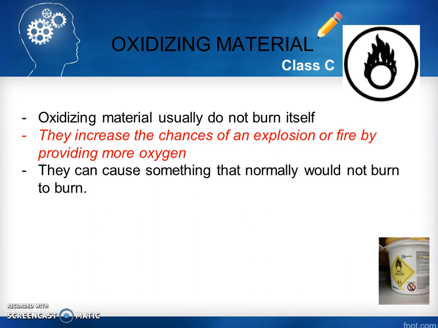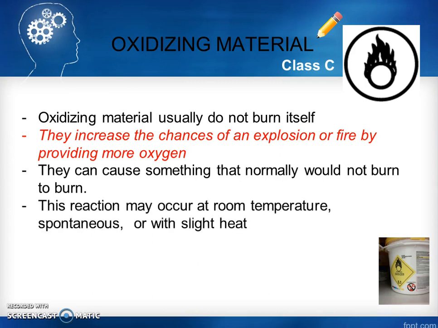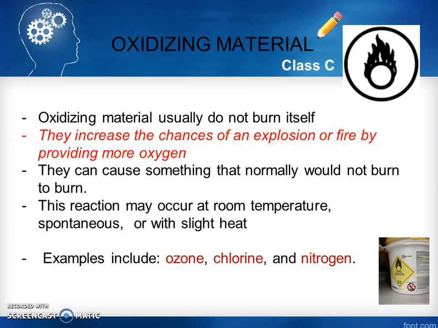And things that are oxidizers can actually cause something to burn that normally wouldn't burn. And sometimes reactions can even happen at room temperature between certain materials or with slight heat. So some examples of things that would feed a fire are ozone, chlorine, and nitrogen.